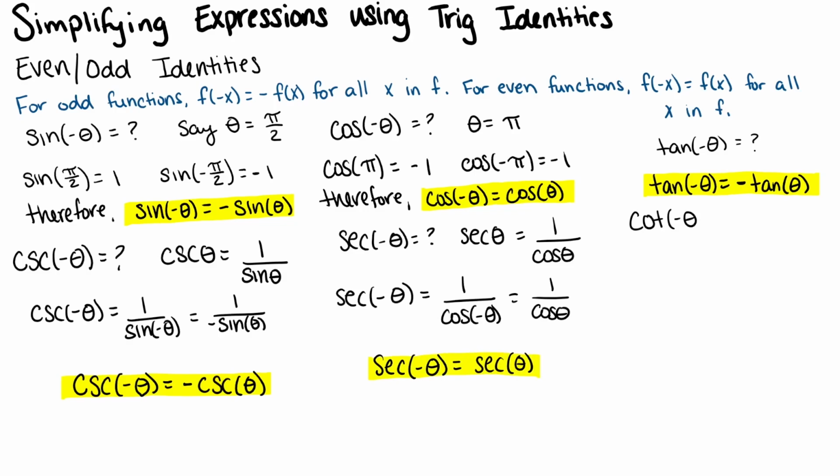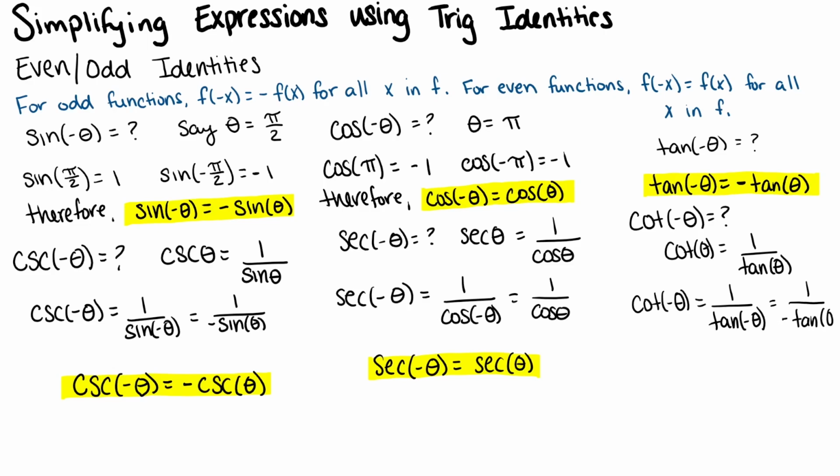And for our cotangent, we know that cotangent is equal to 1 over tangent. So cotangent of negative theta would be equal to 1 over the tangent of negative theta, which is equal to 1 over the negative tangent. So cotangent of negative theta is equal to negative cotangent theta.